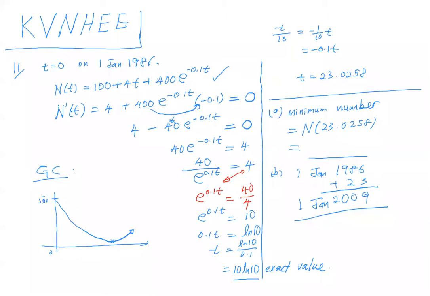Left bound, right bound. So you got this point. So every time when we ask you to sketch the graph, right? You have to label the turning point.